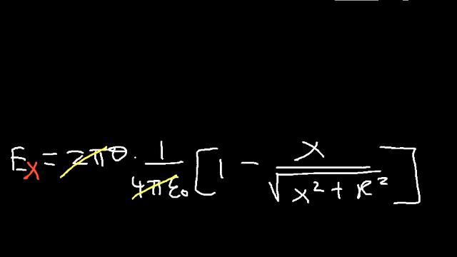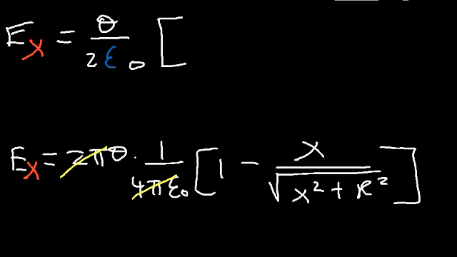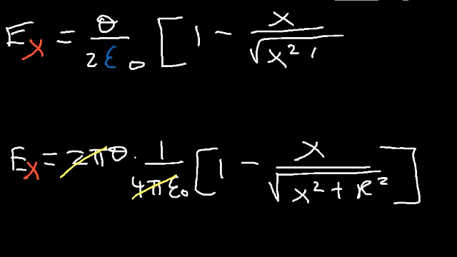So now that gives us this expression. The electric field is now equal to sigma divided by 2 epsilon sub naught times 1 minus x over the square root of x squared plus r squared.